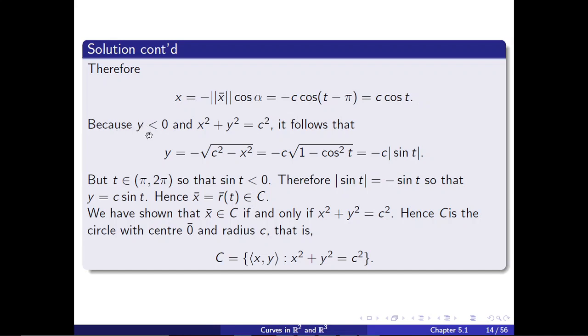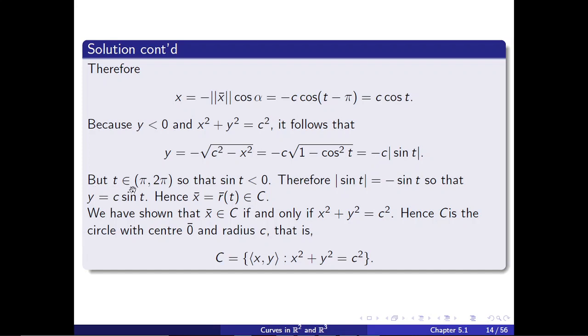Now because y is less than 0, how do we find our y? Then it means that y is equal to the negative, because we know that it's less than 0, the square root of that, and then we get that that is minus c times the absolute value of sine t.